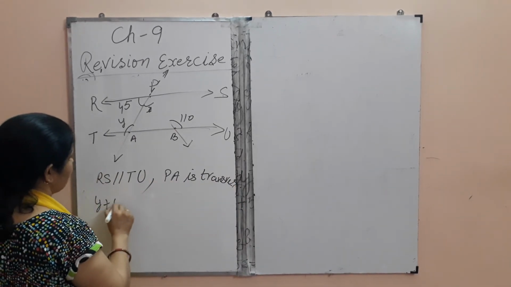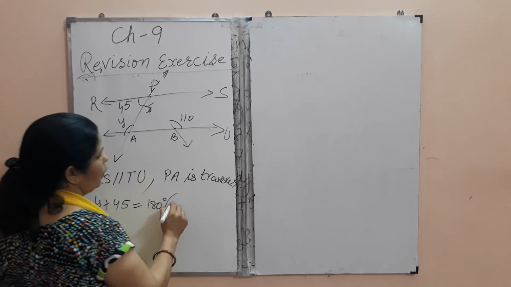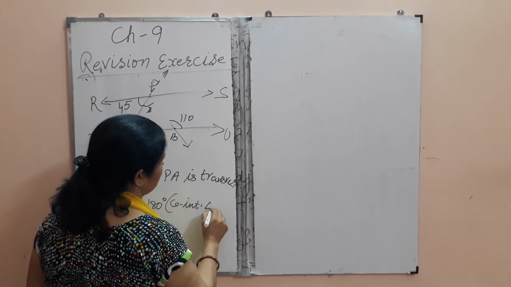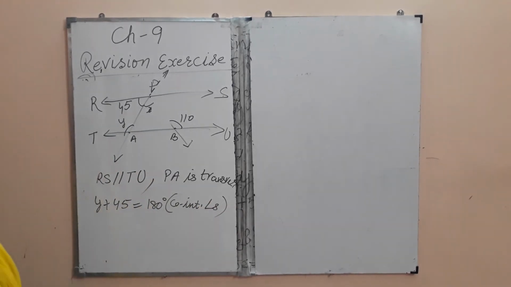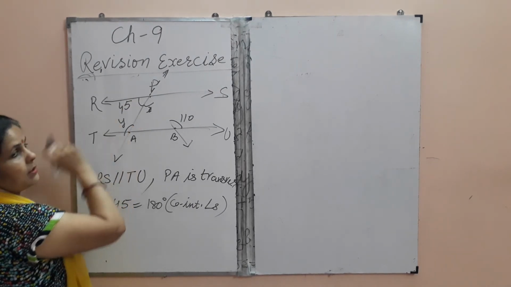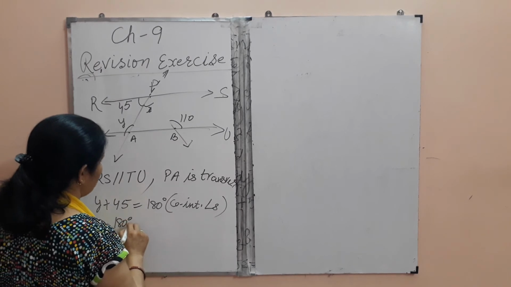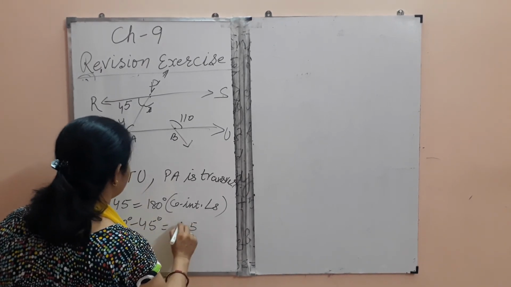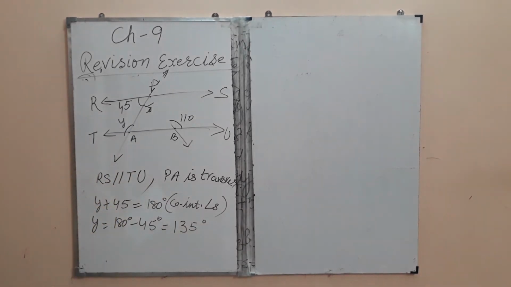Y plus 45 equals 180 degrees, co-interior angles, or interior angles on the same side of the transversal. Understood? So angle Y equals 180 degrees minus 45 degrees equals 135 degrees. So the value of Y is 135 degrees.